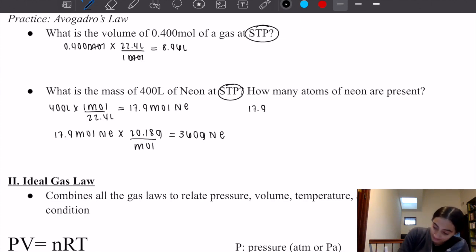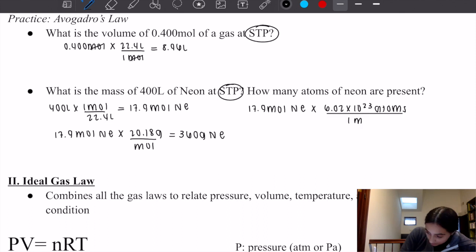I'm now going to answer the next part by writing that 17.9 moles of neon. And we know that to get from moles to any kind of particles, if you remember from previous videos, we need to use Avogadro's number. So I'm going to write that 6.02 times 10 to the 23rd atoms equals 1 mole.